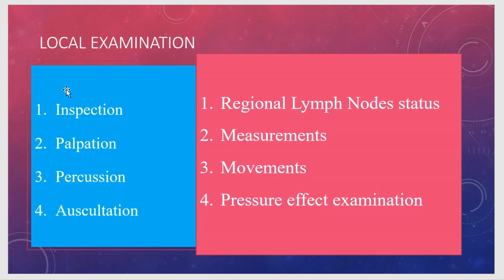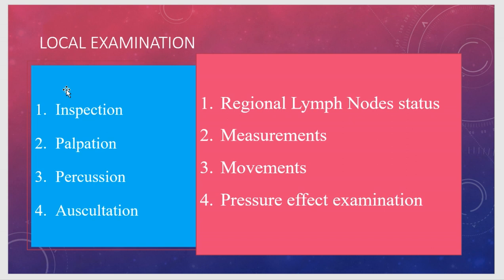And finally, the fourth one, the auscultation. Auscultation will require a stethoscope, readily available nowadays. So inspection, palpation, percussion, and auscultation. 4 stages are there during local examination of any swelling the patient is presenting with.